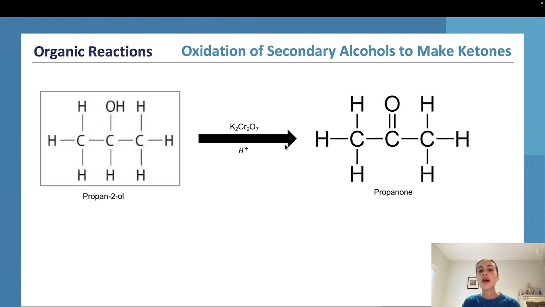However, this will form a ketone, propanone in this case. So in the acidified potassium dichromate oxidation process, this is only a one-step process for a secondary alcohol, resulting in the production of a ketone. We don't have one for the tertiary alcohols because they can't be oxidized.